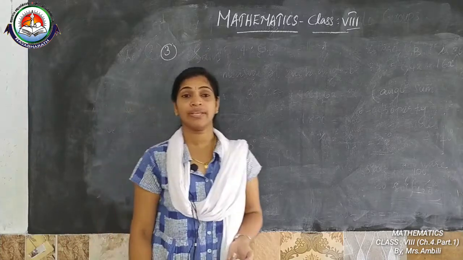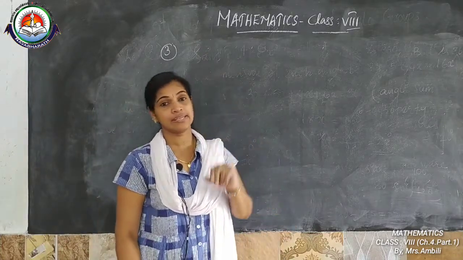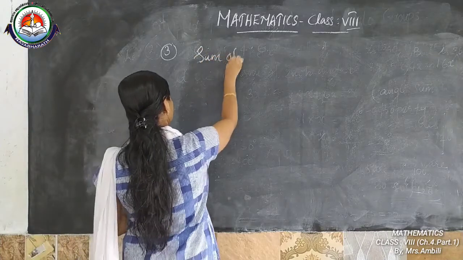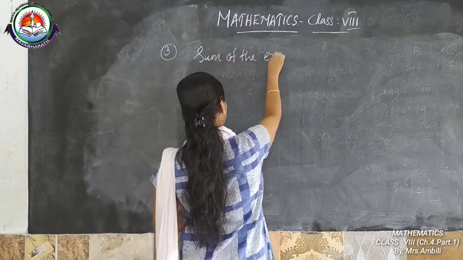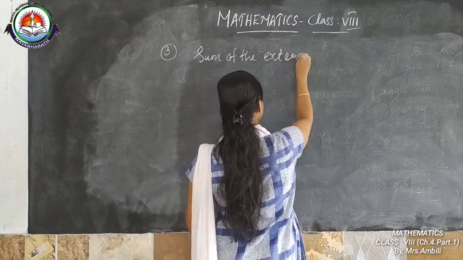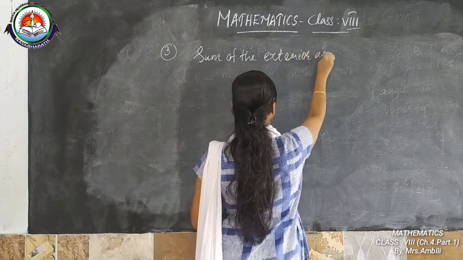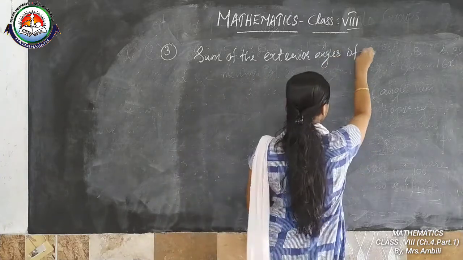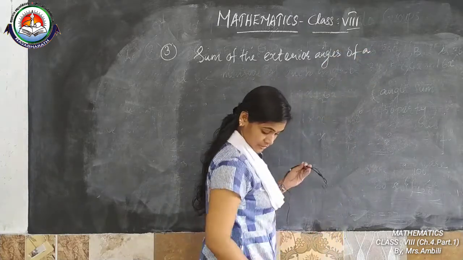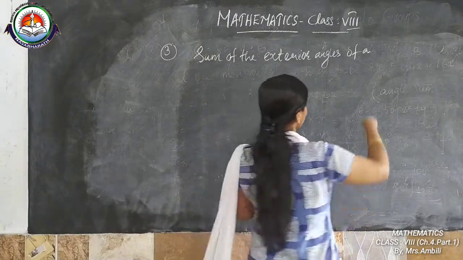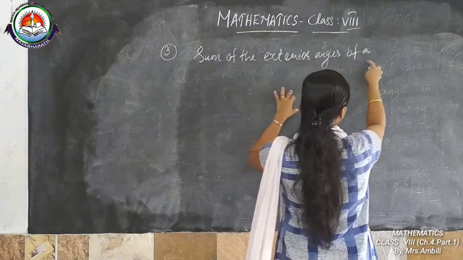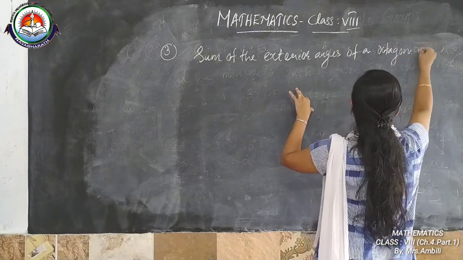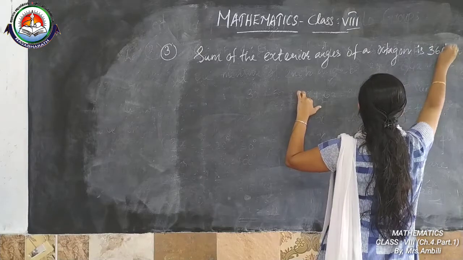So first we can find out the measure of an exterior angle. Okay. So for that we know that sum of the exterior angles of an octagon, sum of the exterior angles of an octagon is 360 degree.